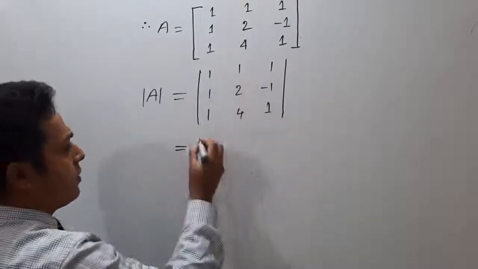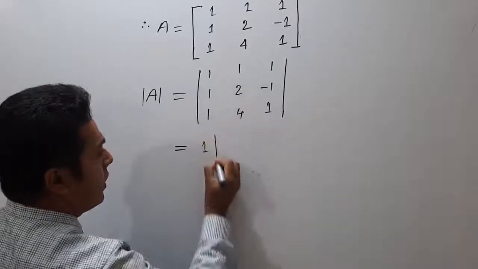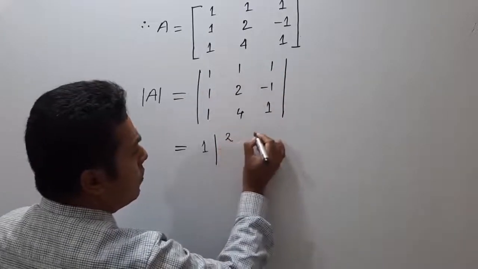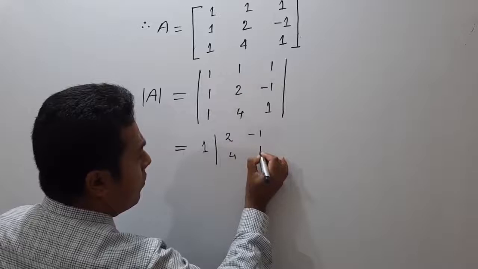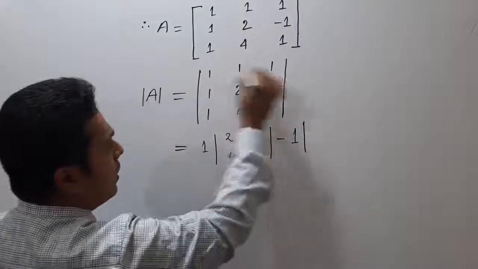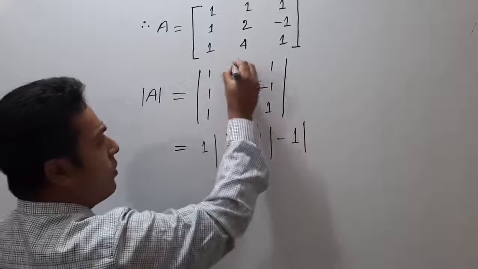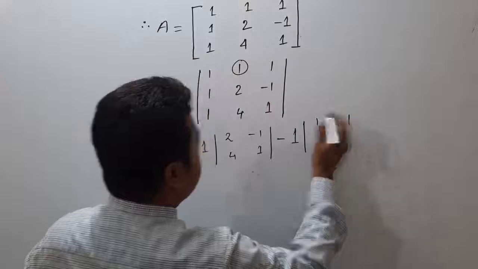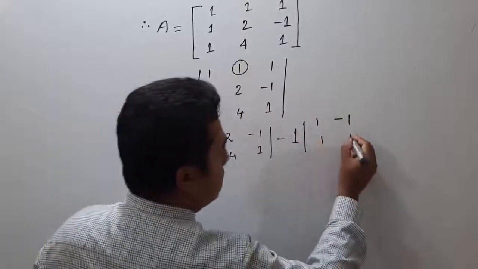Here 1, then ignore its row and column: 2, -1, 4, 1, and here -1, then ignore its row and column: 1, -1, 1, 1.